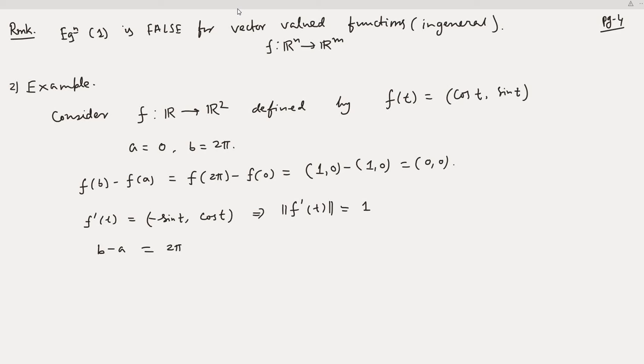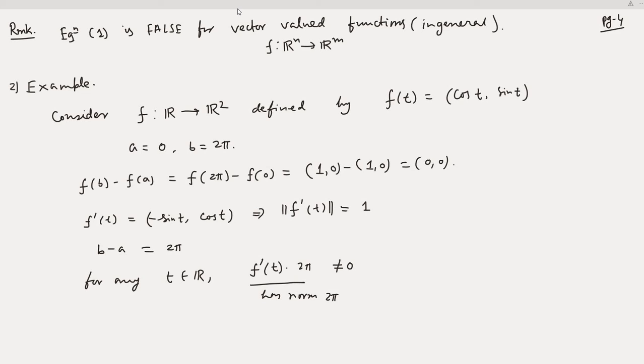So for any t belonging to R, f prime of t times 2 pi is not equal to 0, because it has norm 2 pi.